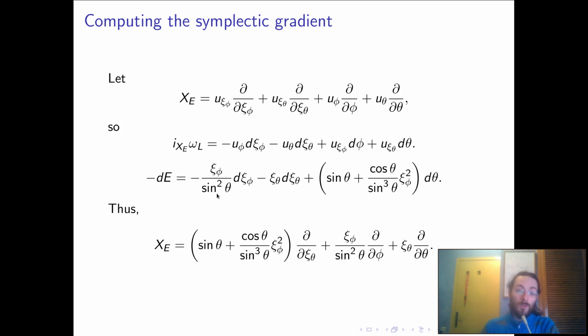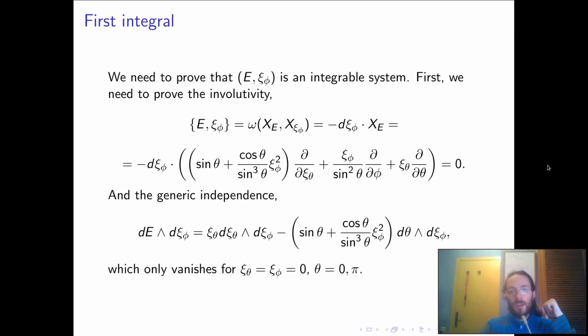So this component here vanishes, and we are just adding that component in these two summands, and therefore we have this expression here. Now, if we compute the points at which this vanishes, we end up with the conclusion that the only points where that happens are when the momenta are equal to 0 and theta is equal either to 0 or to pi.